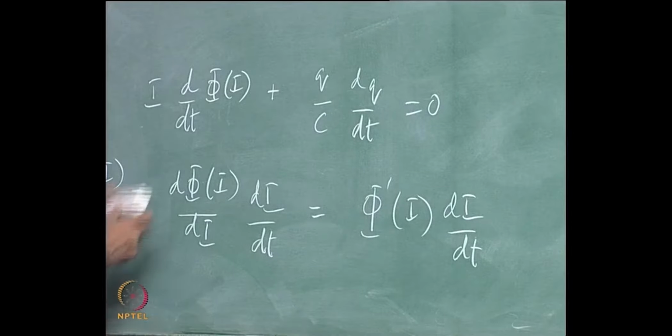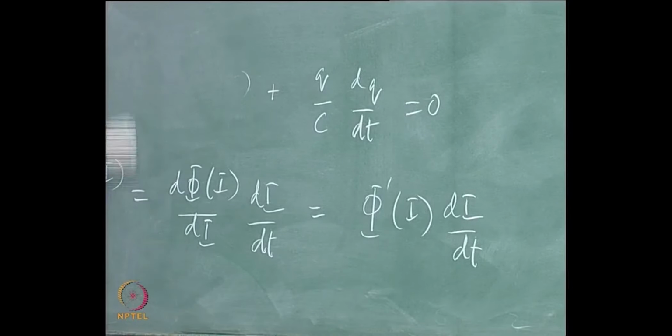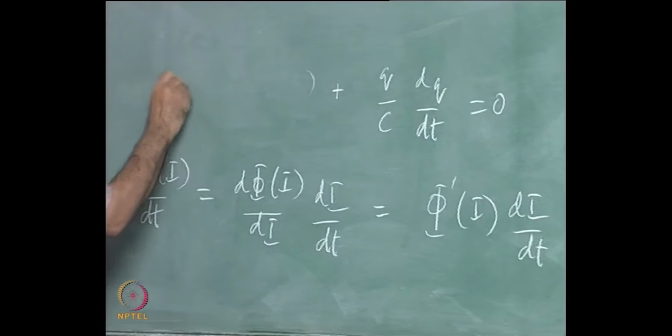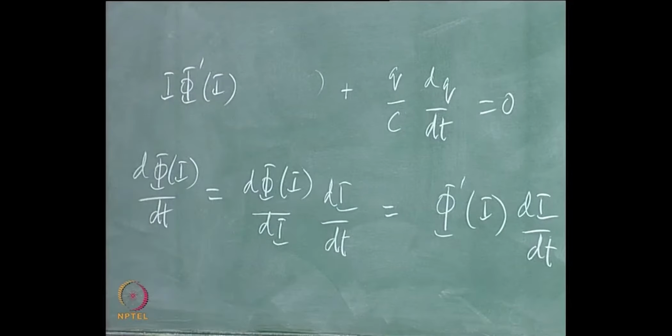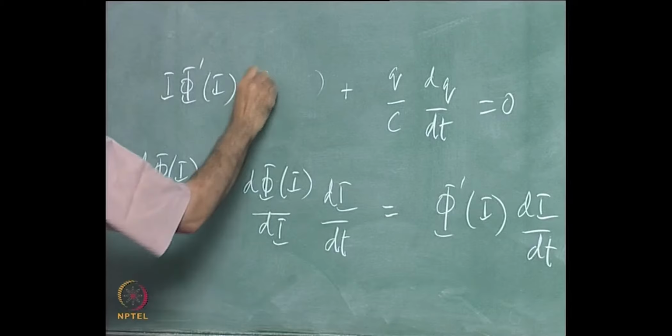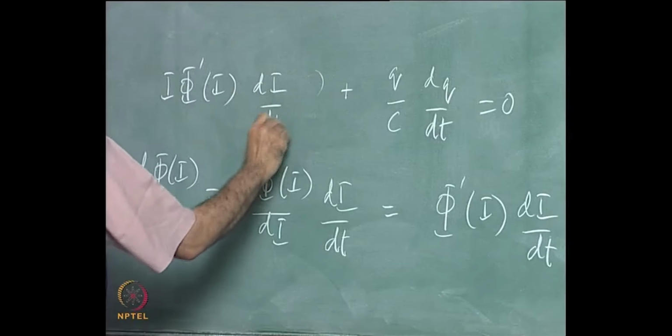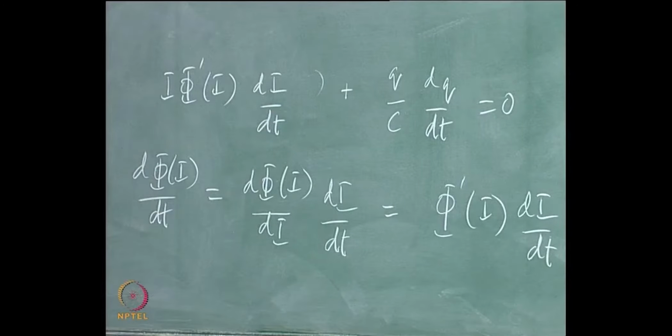So let us put that in here. So this is equal to I phi prime of I dI over dt, plus q dot q over C, is equal to 0.